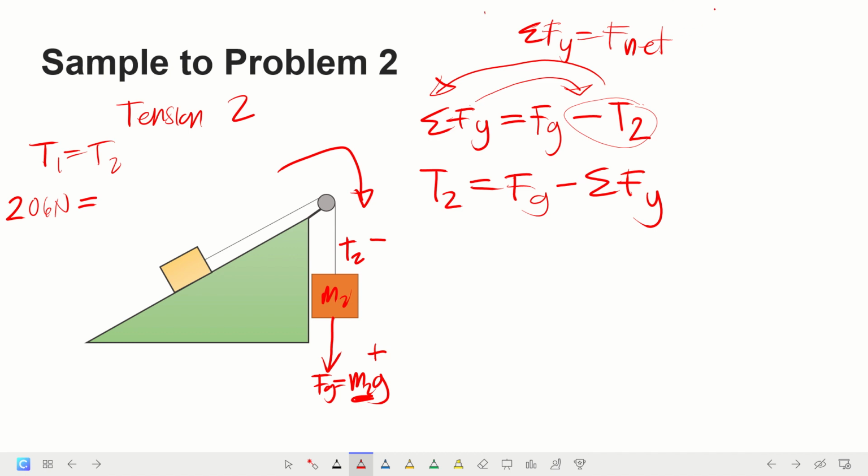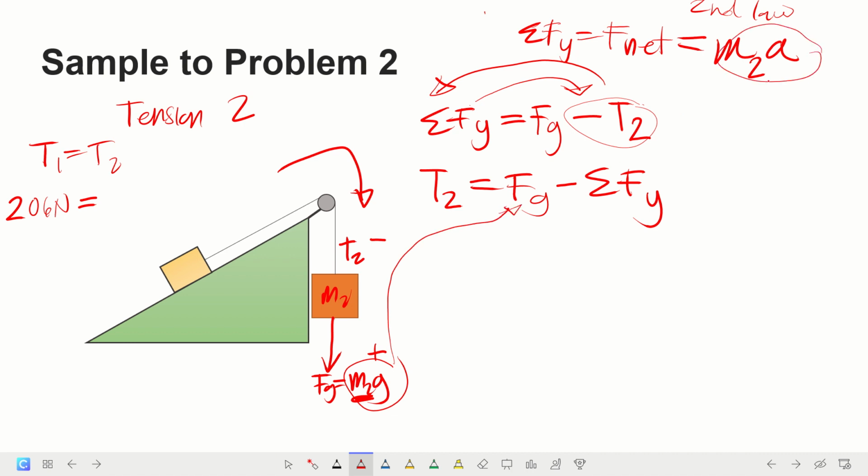So, the summation of forces along y is equal to the net force along this axis. And we know that from the second law of motion, net force is equal to mass times acceleration. So, since this is mass 2, ilagay natin dyan, mass 2 times acceleration. So, we can substitute this to this one and this one to this one. So, palitan natin sila.